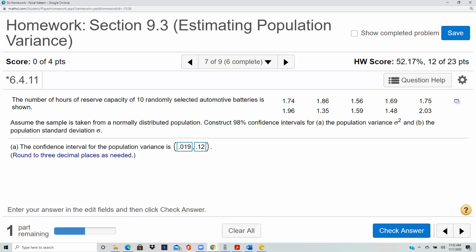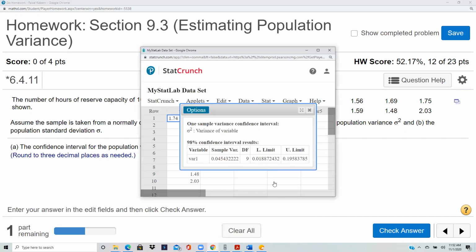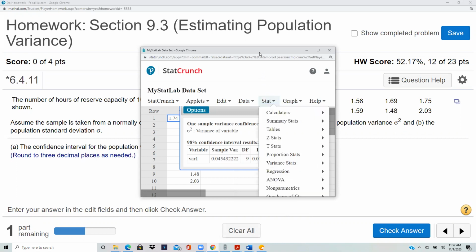Let's see. 0.019 and 0.120. I don't see anything wrong.